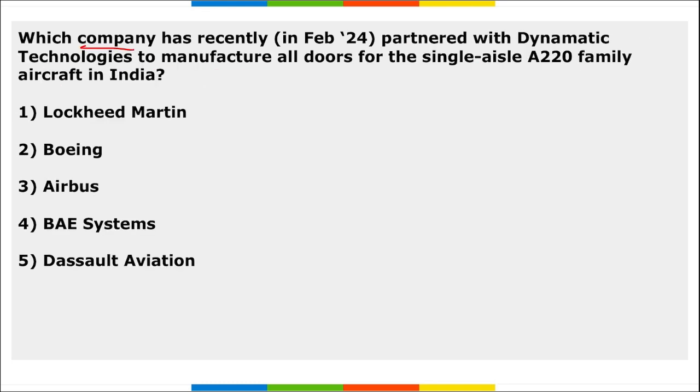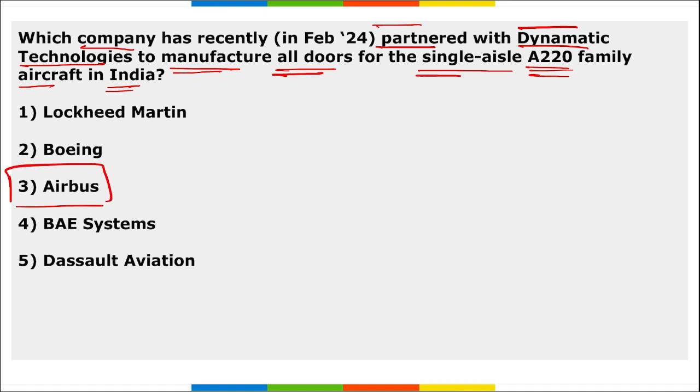Next, which company has recently partnered with Dynamatic Technologies to manufacture all doors for the single aisle A220 family aircraft in India? Correct. I repeat, which company partnered with Dynamatic Technologies to manufacture all doors for the single aisle A220 family aircraft in India? It is Airbus, right?